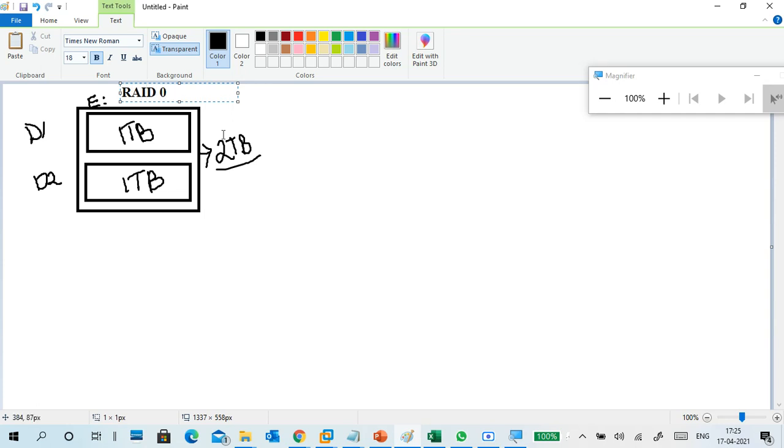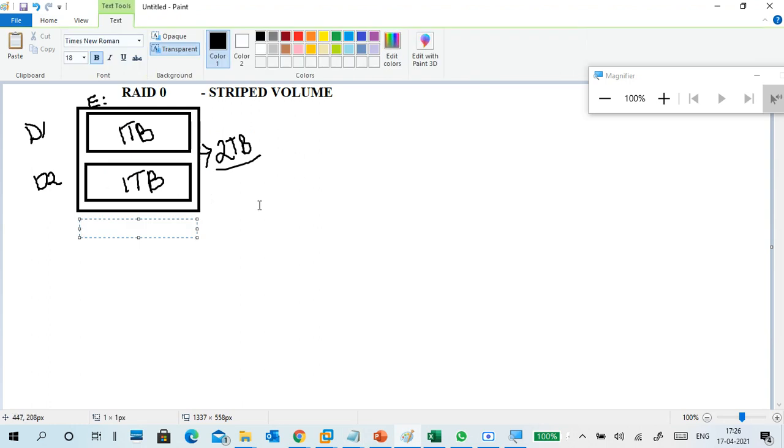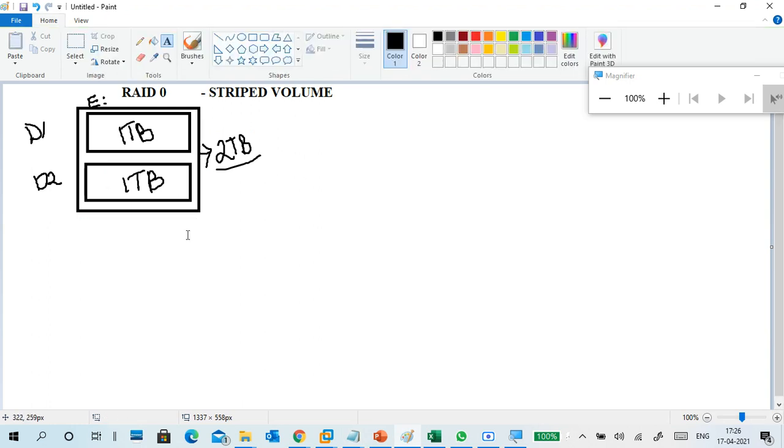And also there is a name for this RAID 0, it is called stripped volume. So RAID 0, what is it? It's a stripped volume. What is a stripped RAID 0 volume? We can combine two or more disks together and make a single volume.